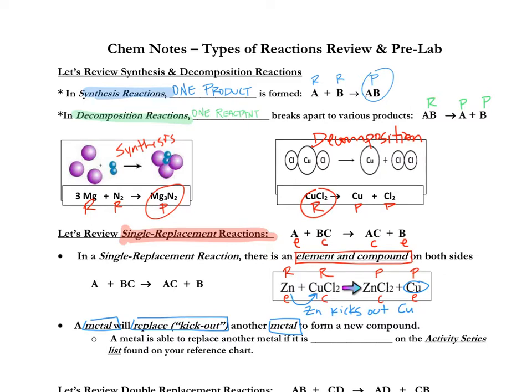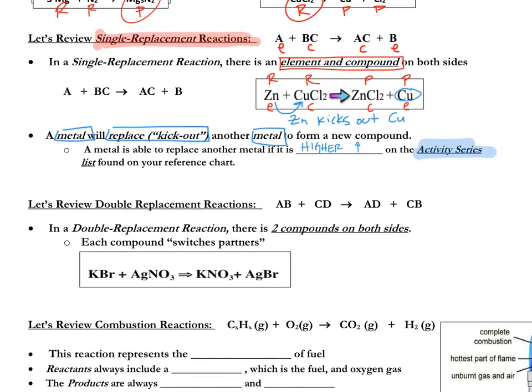So a metal is able to replace another metal if it's higher up on the activity series list that's found on your reference chart. So if you take your reference chart, your blue or your white reference chart, metals here. All right, so that's the activity series list that we're referring to.